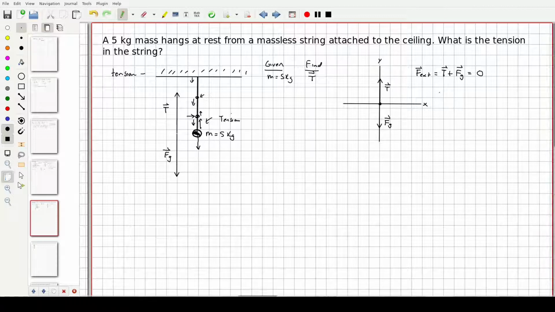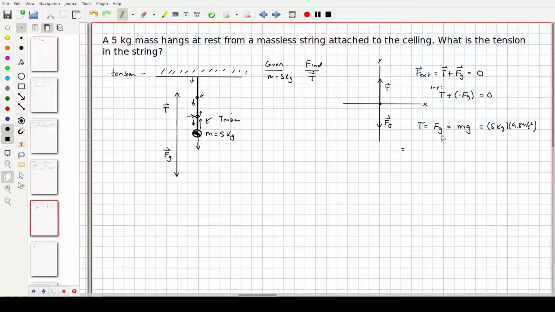So if you were to add them together in the y direction, you have tension up, and then you have the weight going down, and they give you 0 when added together, which means that our tension, once again, is in magnitude just due to the weight. M times G, or 5 kilograms times 9.8 meters per second squared.